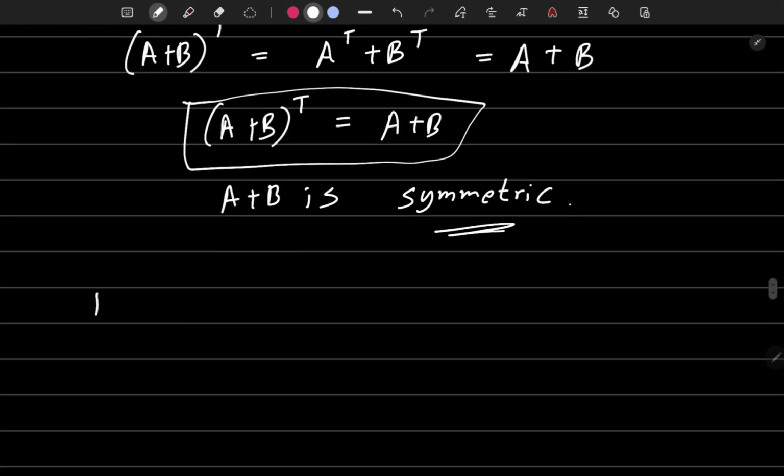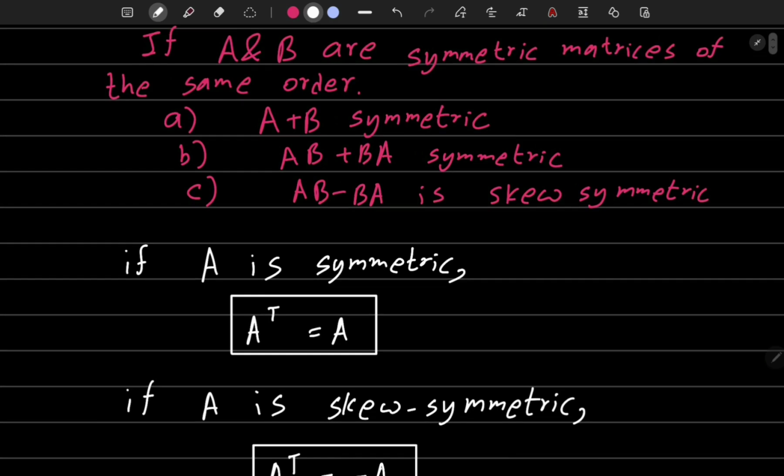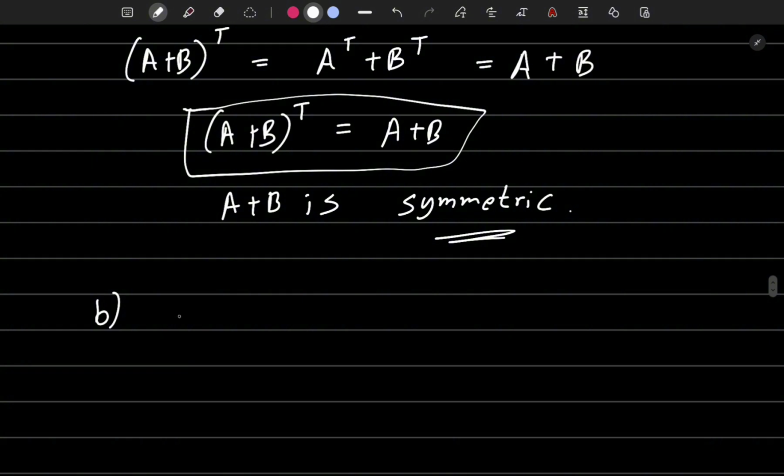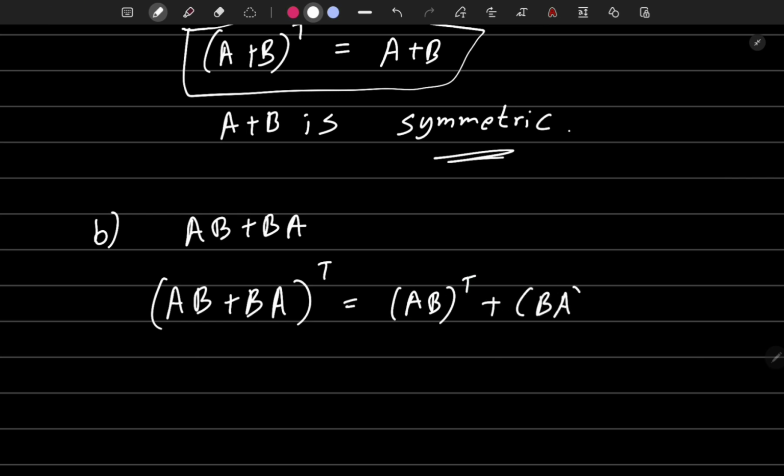So let's go to the next one. It says AB plus BA is symmetric. Same argument: I'm going to take the transpose of this matrix, AB plus BA. I can write this as the transpose of AB matrix plus the transpose of BA matrix.